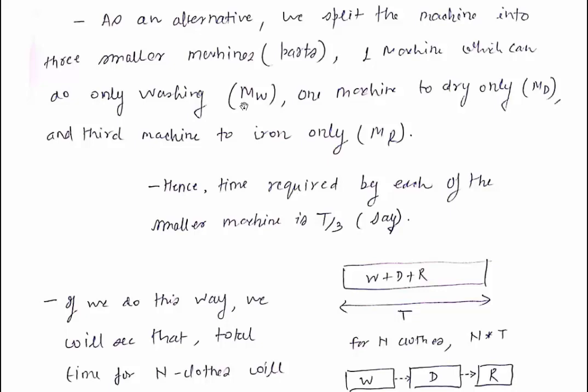And the assumption we have already taken is that at a time only one cloth can be fed into any of the units. Therefore the time required by each smaller machine is t by 3. Let's say each unit takes an equal amount of time: the washing unit takes t by 3, the drying unit takes t by 3, and the ironing unit takes t by 3.